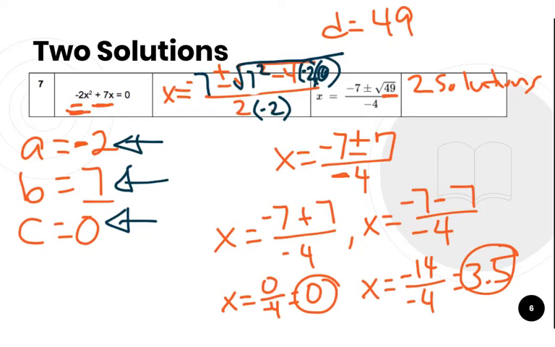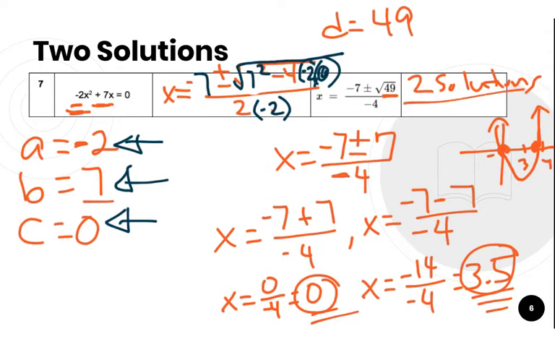All right, so when you graph it at 0, and in between your 3 and your 4, right smack in the middle, you should see the other root. So your quadratic should go through the x-axis at 0 and at 3.5.